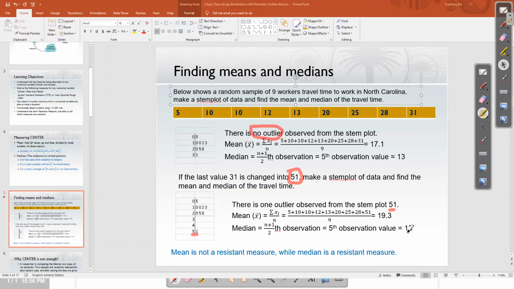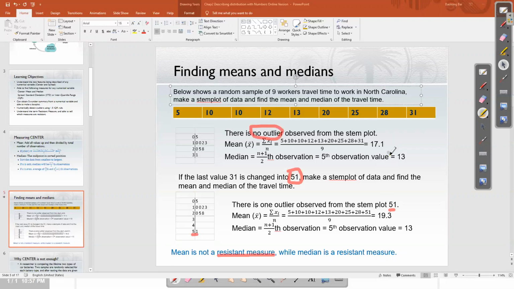So here we're going to introduce a concept called the resistant measure. So what does resistant measure mean? It means the measure is resistant to the outlier effect. If introducing an outlier is not going to affect that measure, we call that measure a resistant measure. Otherwise, it's not resistant.